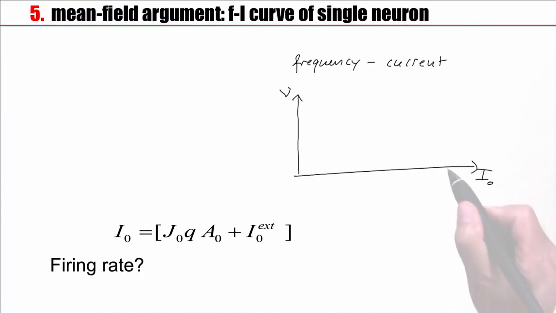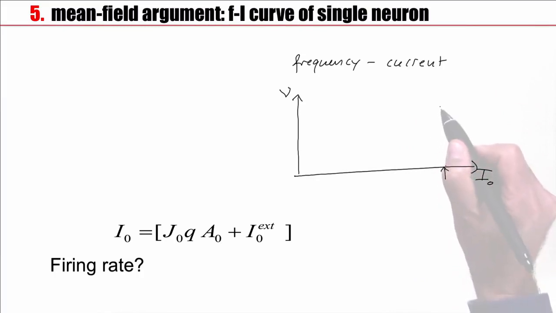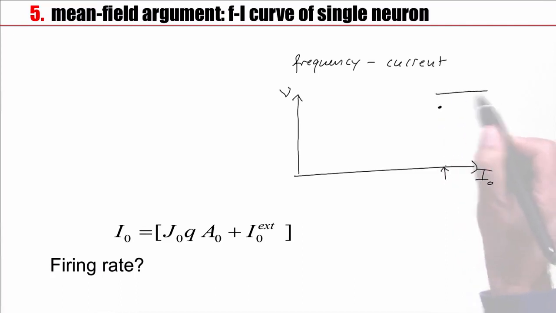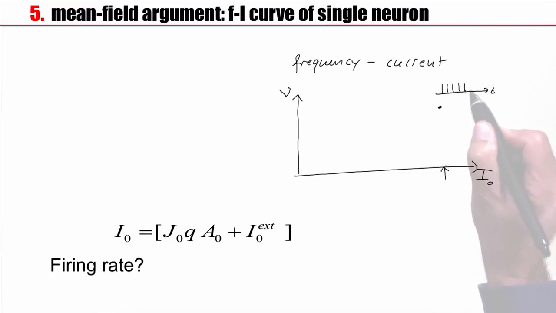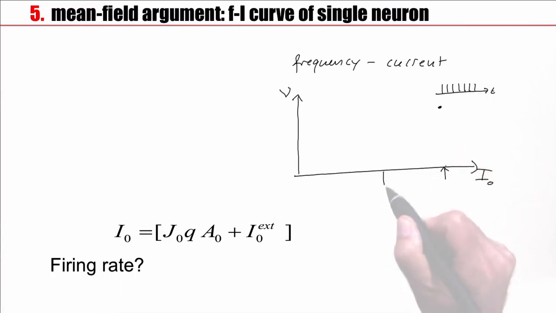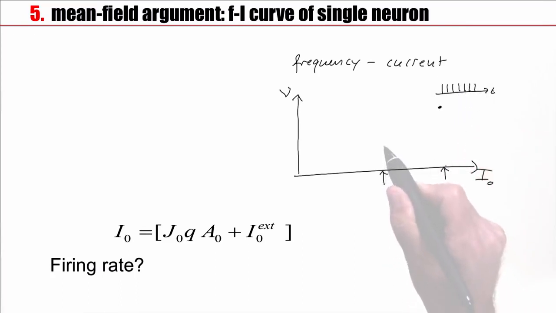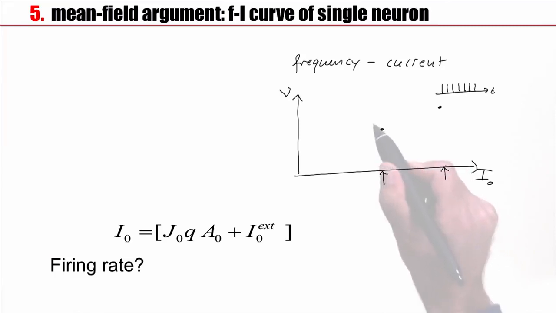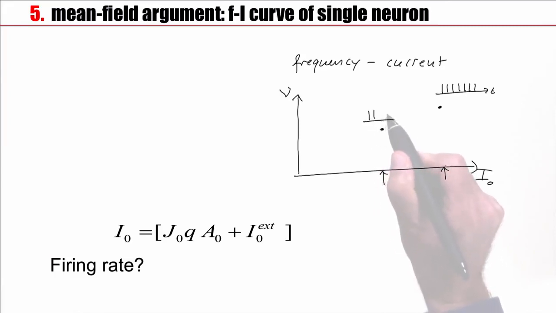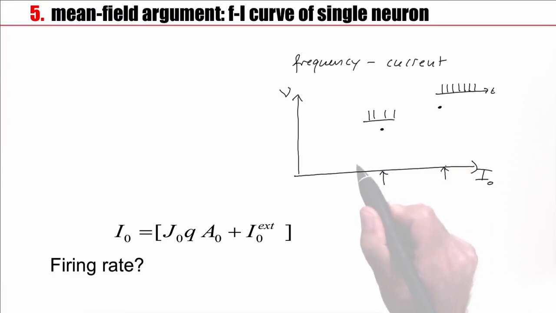So if I give a high current, strong constant input current, the frequency of firing is high, which means as a function of time, the neuron will emit many spikes. If I give a small input current, the neuron will emit spikes at a somewhat reduced rate. And if I give an even smaller current, the spikes are even more spaced.